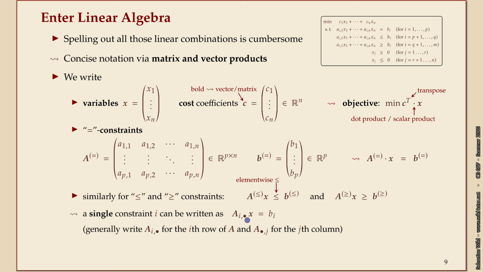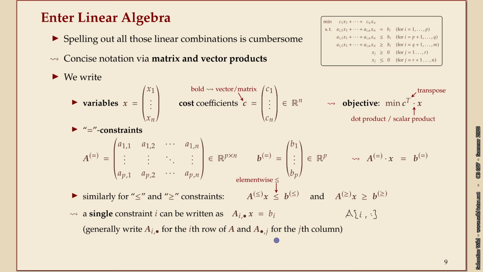So you write this as this. Python notation would probably be something like A and then i colon. And most languages have some way to say this. So colon instead of the bullet. But in the mathematical notation, this is more standard. And you can do the same for columns. Is that notation clear so far?